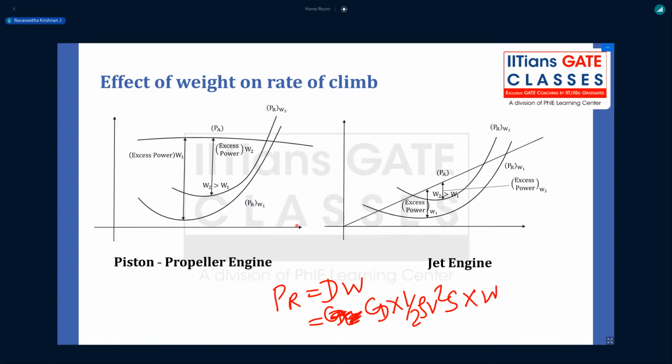So since weight increases, the excess power decreases, thereby rate of climb decreases. Okay. Any doubts?